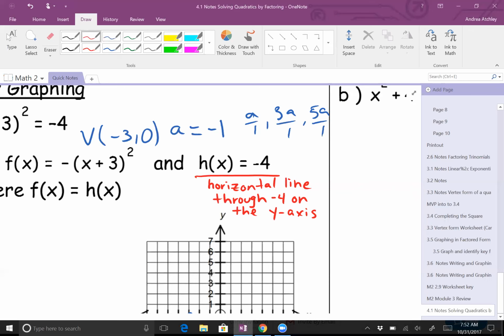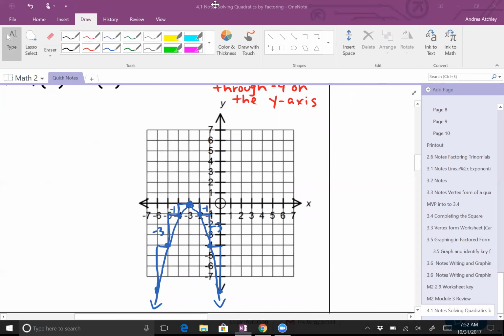So we're going to graph that horizontal line through negative 4 on the y-axis. Okay, so draw a horizontal line through negative 4 on the y-axis.